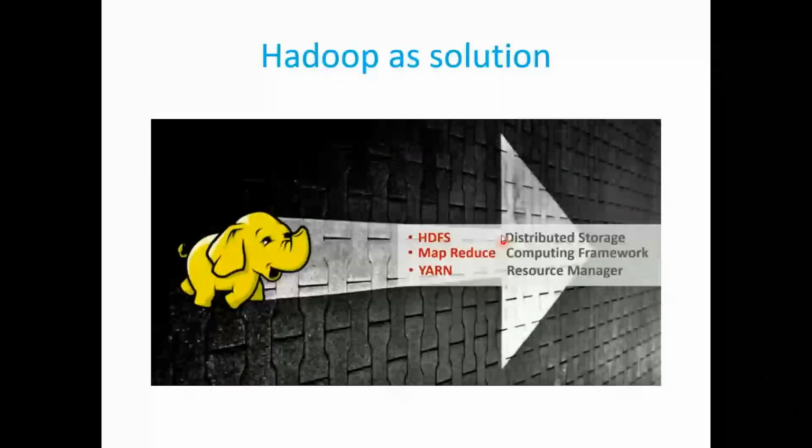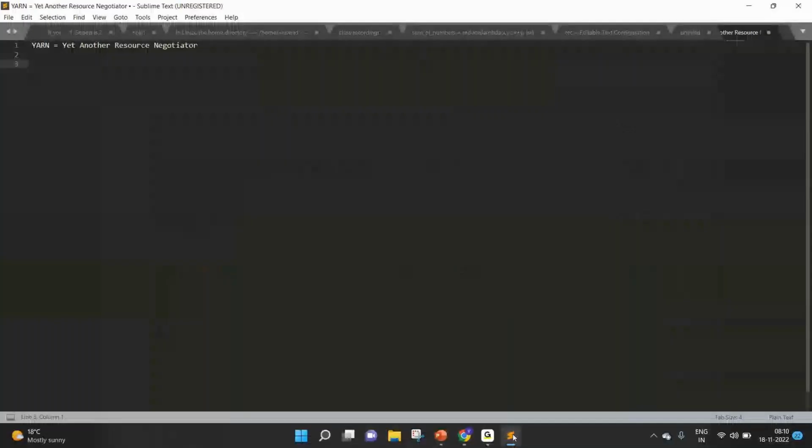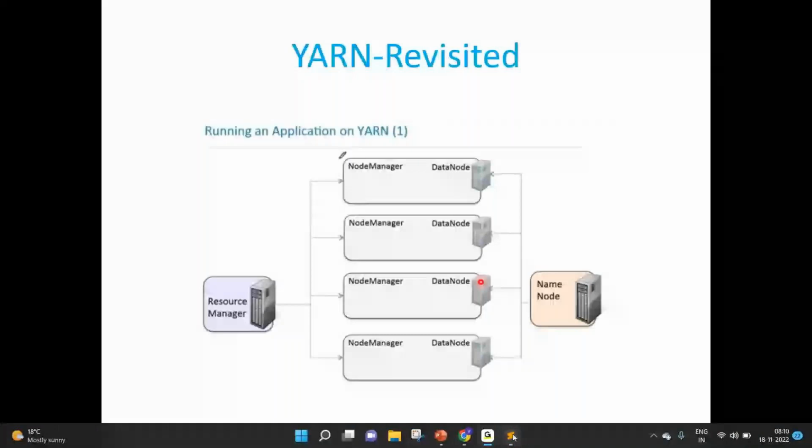So we'll talk a little bit about Yarn now. First of all, the full form of Yarn is yet another resource negotiator. To keep it in simple terms, Yarn is equal to the operating system on your laptop, such as Windows.